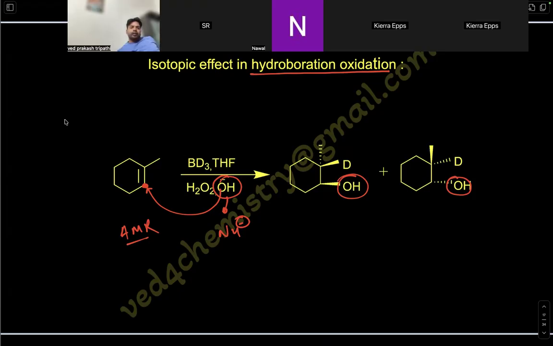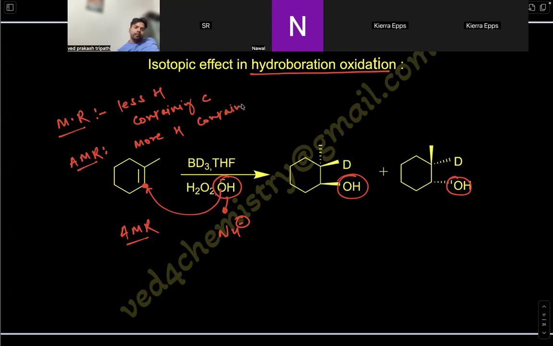I told you the technique. Whenever I am talking about Markovnikov's, it means less hydrogen containing carbon. And if I am talking about anti-Markovnikov's, then more hydrogen containing carbon. Easy. So look at this double bond carbon. Here we have a hydrogen, but here we don't have any hydrogen. So this carbon has hydrogen, which means more hydrogen containing carbon. So anti-Markovnikov, so OH attacks over here. Make sense?